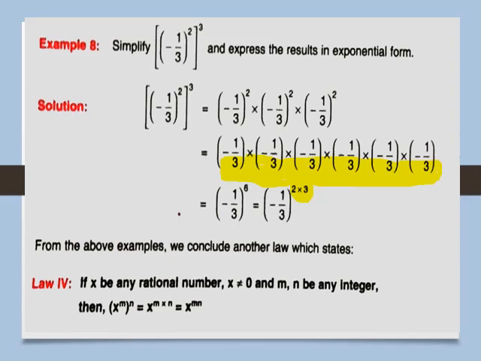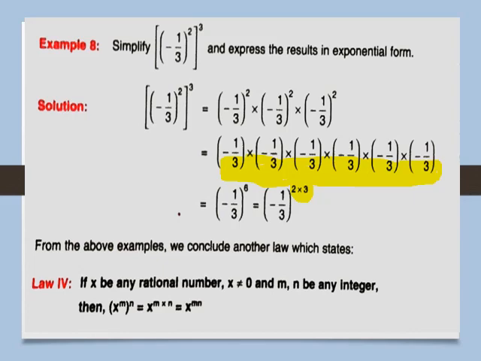And therefore it becomes 6 times. So the power is minus 1 upon 3 raised to the power 6. So you will write this as 2 multiplied by 3. So in this way we can conclude the fourth law.